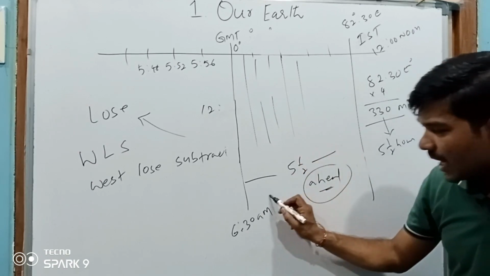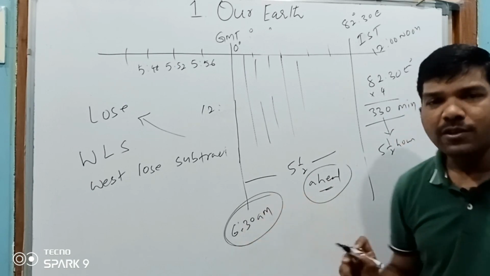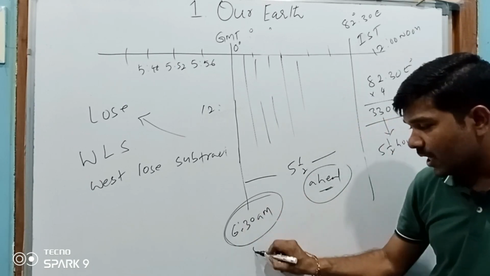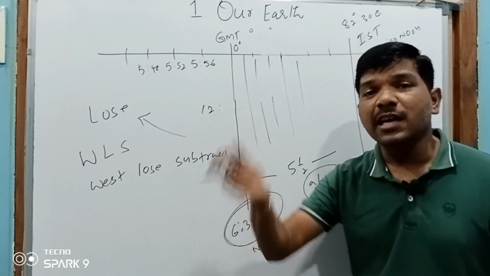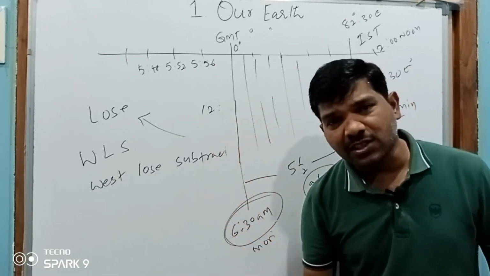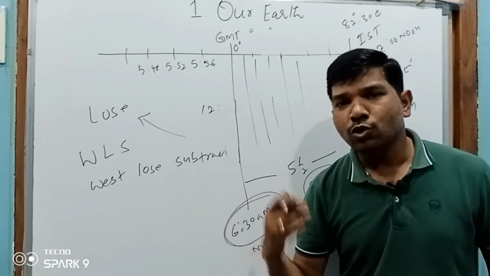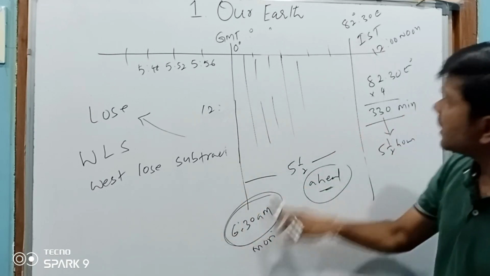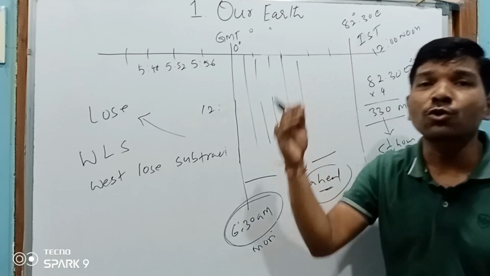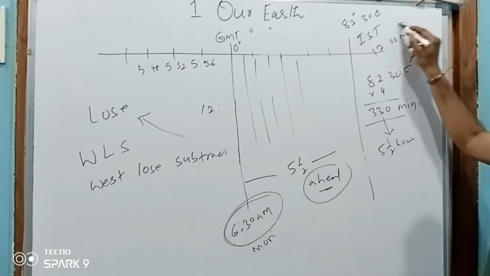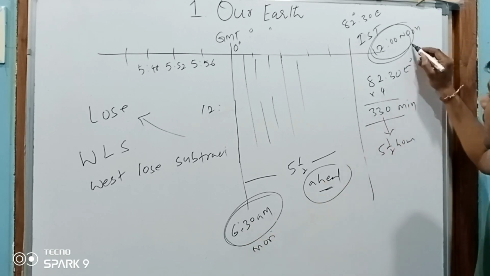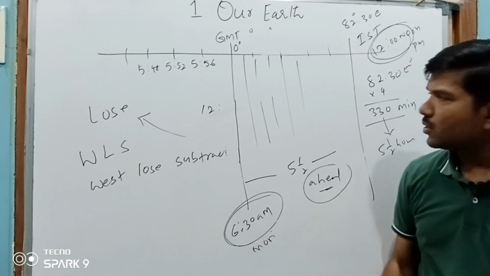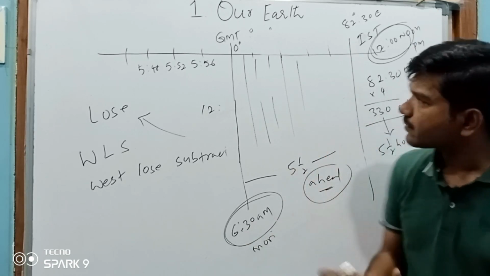If the time is 6:30 in the morning in London, they are waking up, getting fresh, getting ready to go to offices, schools and colleges. India is already ready to go for lunch because it is 12 noon. Here it is 6:30 a.m., here 12 p.m. So this is the time difference.